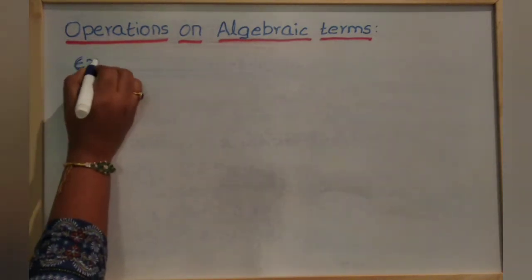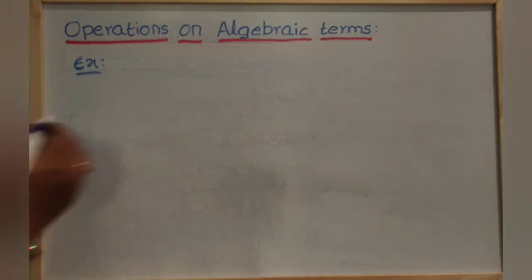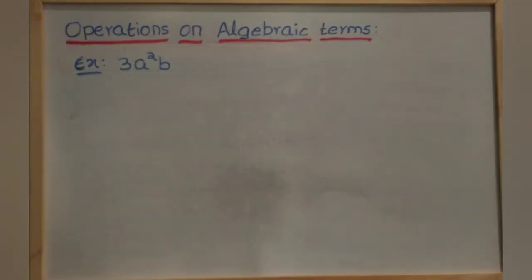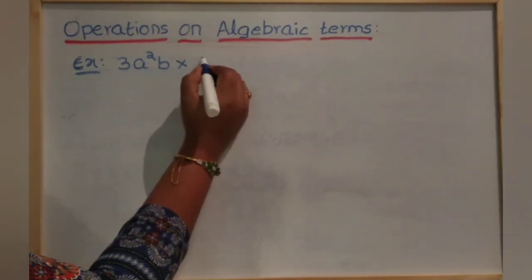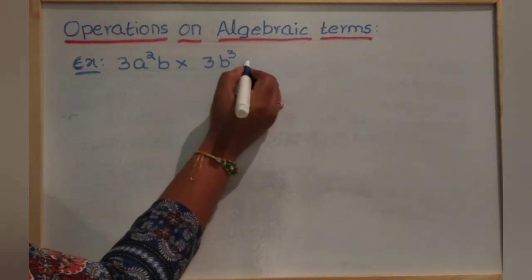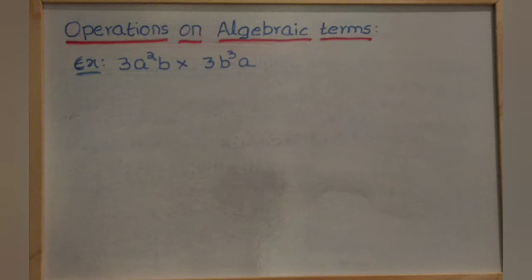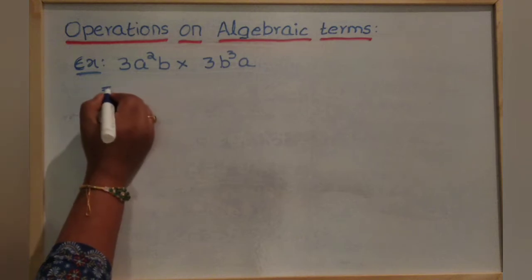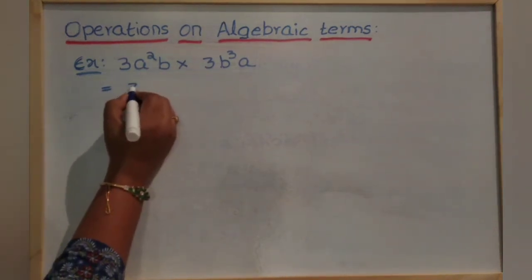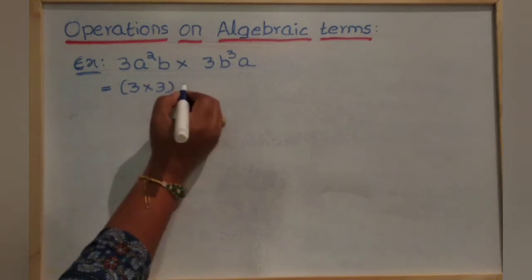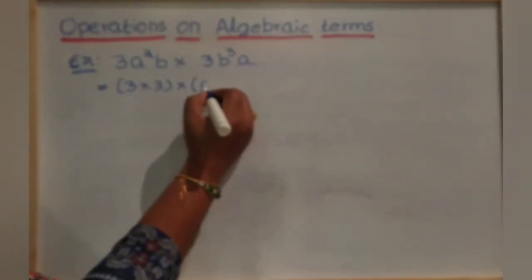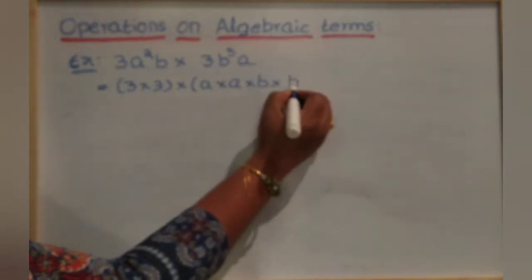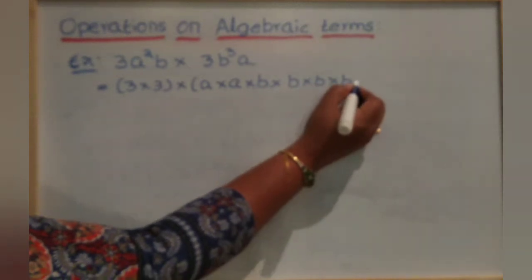Let us consider an example. 3a square b into 3b cube a. Here the numerical coefficients 3 and 3 are multiplied, and a square, a into a, b into b cube, b into b into b into a.